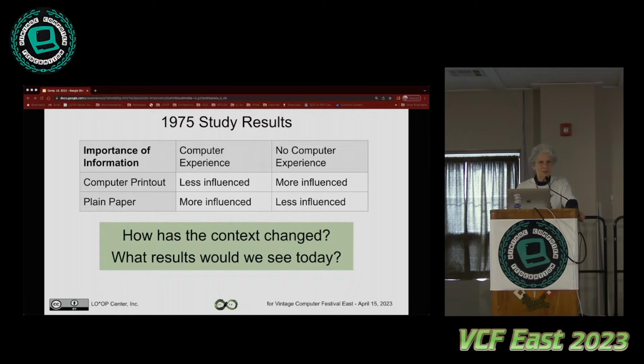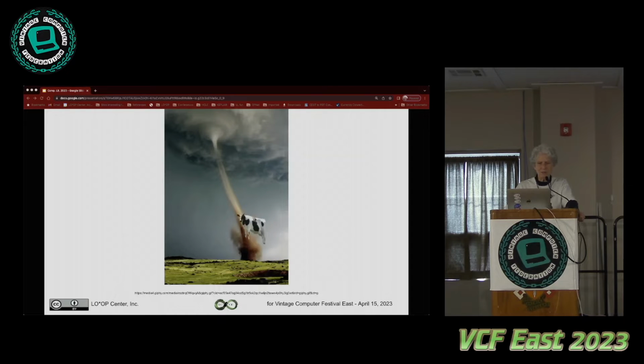If you're not computer literate, if you don't know how the information got into the machine, you're much more vulnerable to believing what you see on that screen. And we have all these fake news issues. We have stuff repeated over and over again, and people often don't know what they can believe and what they can't believe. So just to illustrate that point, this one, it's pretty clear that this is a constructed image.